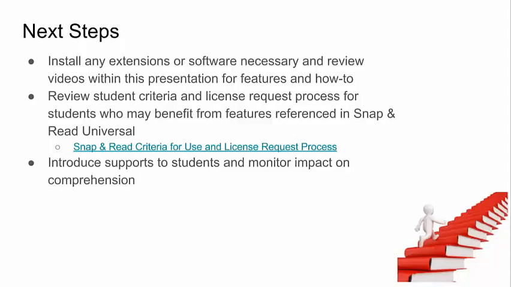If you have students who need that feature, refer to our document linked here on how to get that for your students. Again, this is a Chrome extension that is fee-based, but the ISD Special Education Department does provide that for students who qualify, meaning students with an IEP who demonstrate that need.